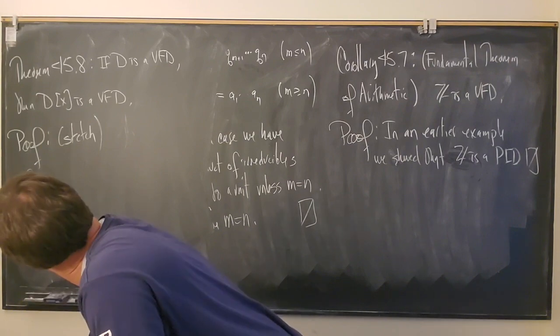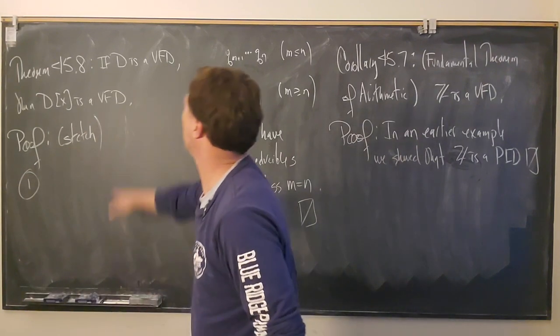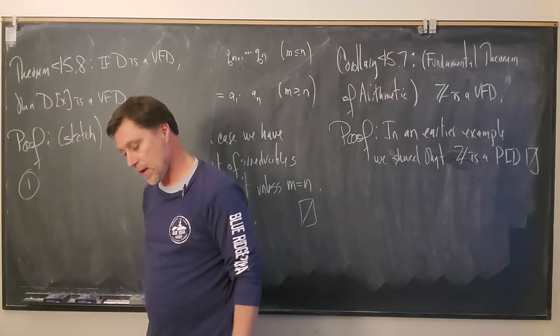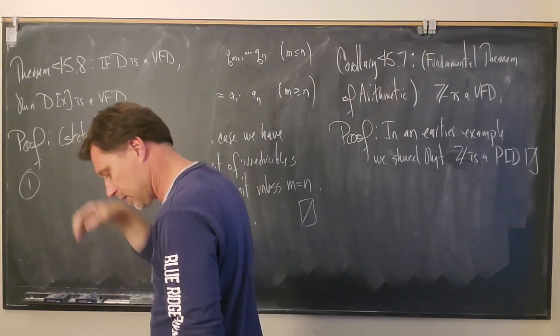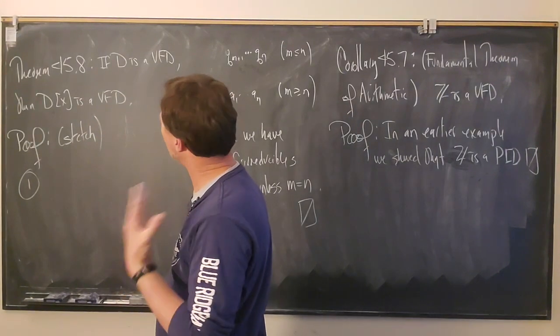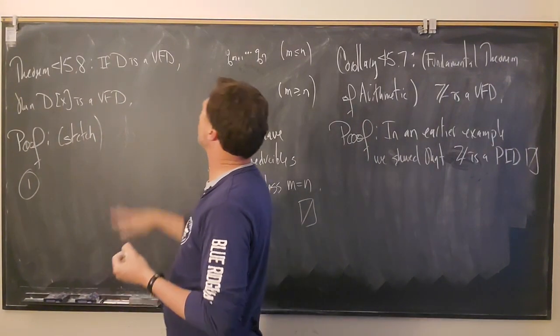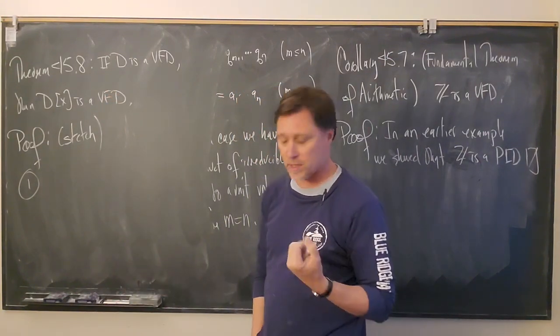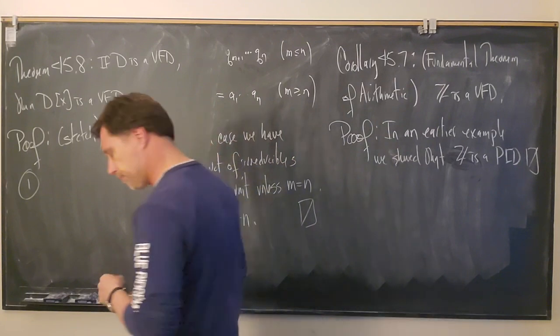Okay, so if we've got our ring of coefficients, we're assuming is a UFD, and so the first step, we have to define what a greatest common divisor is in an arbitrary UFD, right? We know what it means for the integers, but that's as far as we've defined it.